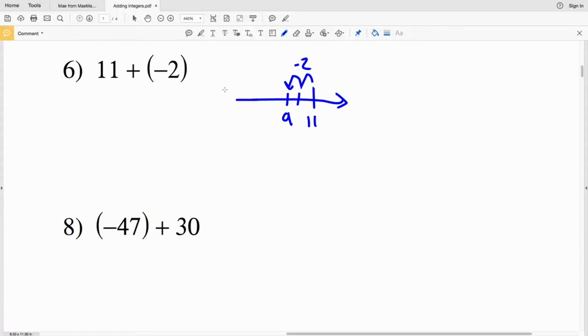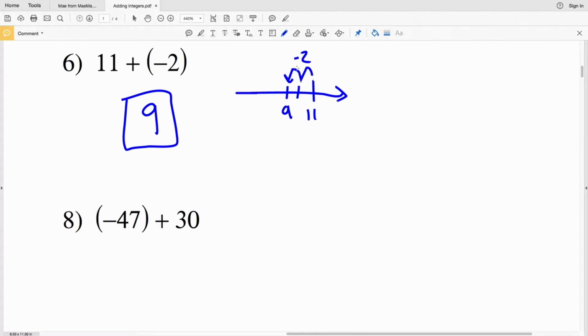So 11 plus -2 will give us 9. Another way you can think of number 6, think when you're adding a negative, you're really subtracting that positive. So you could rewrite this as 11 minus 2. And we know that 11 minus 2 is 9.